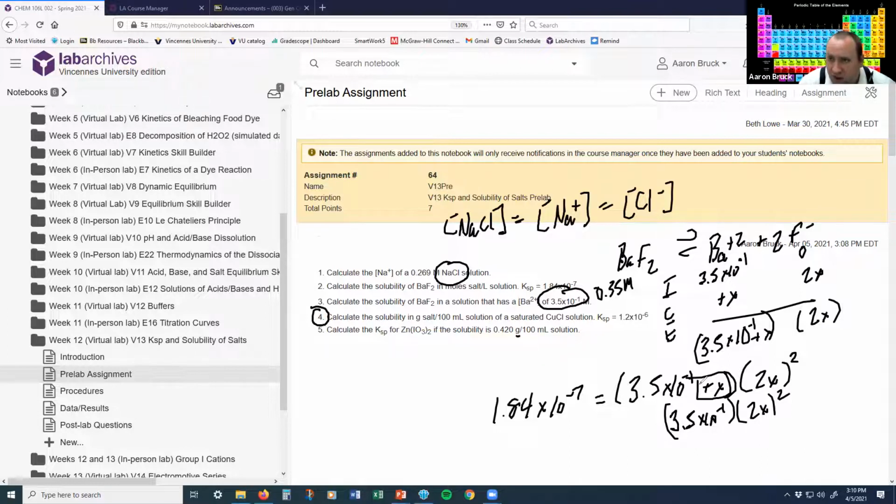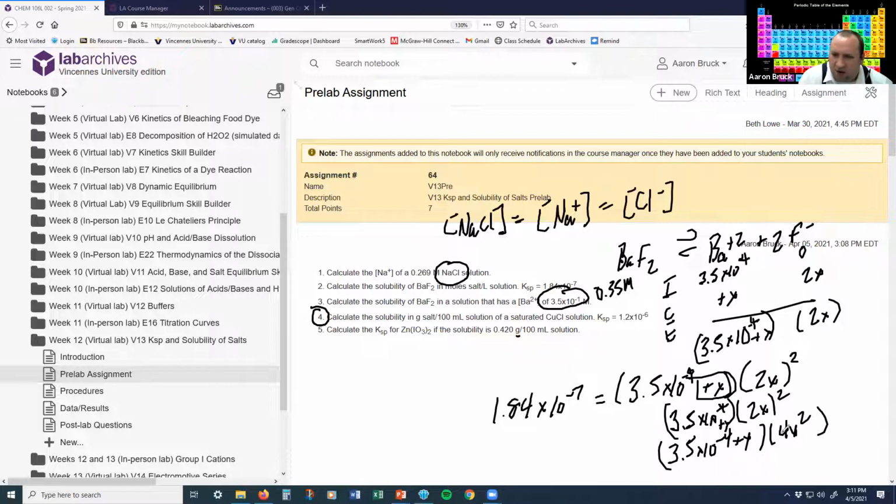Now, if this weren't the case, if this value was something like 10 to the negative fourth, just for the sake of argument, then what we would run into is this blowing up on us, where we'd end up with a more complicated expression: 3.5 times 10 to the negative fourth plus x multiplied by 4x squared.